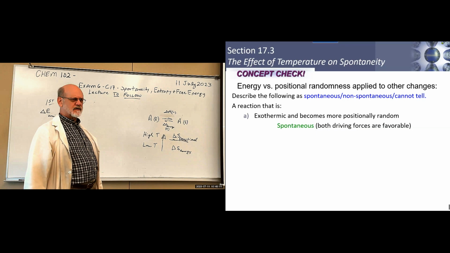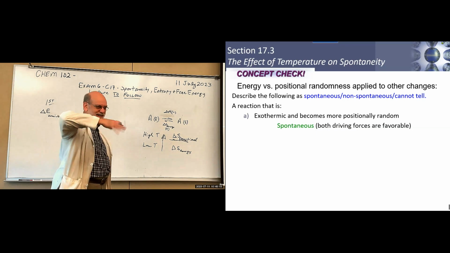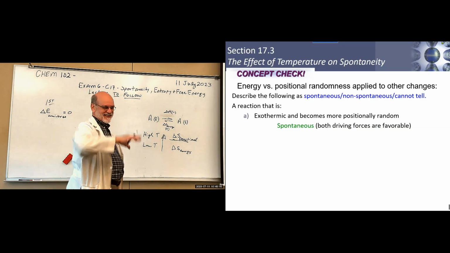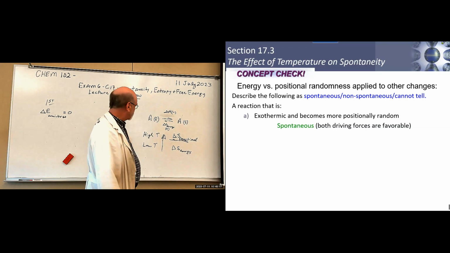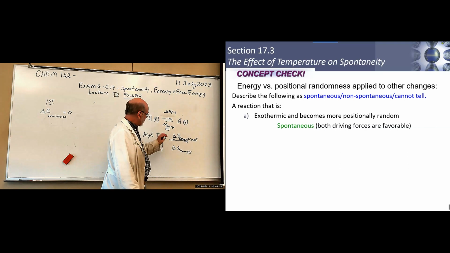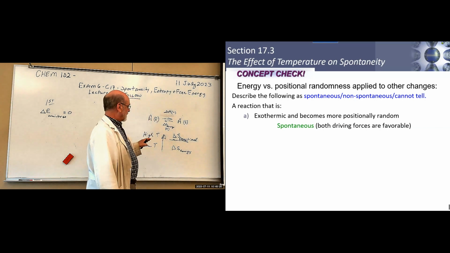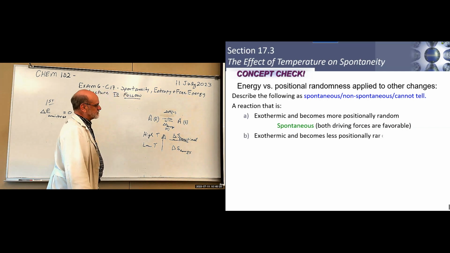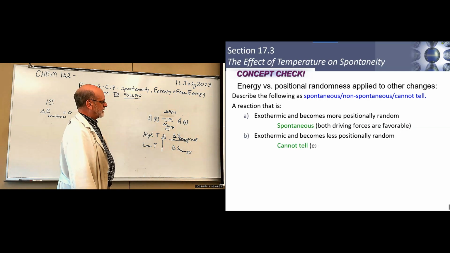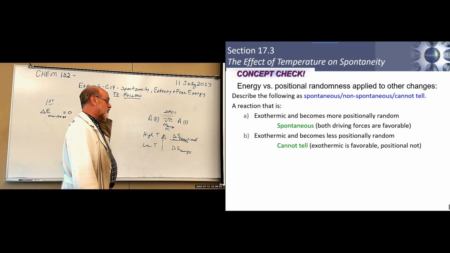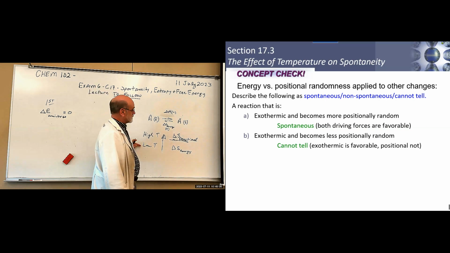Does that make any sense? Right? If both are positive, if you're saying that positional randomness and energy randomness are increasing, then we would expect it to be spontaneous. In this case, we can't tell because we don't know at what temperature it's occurring.